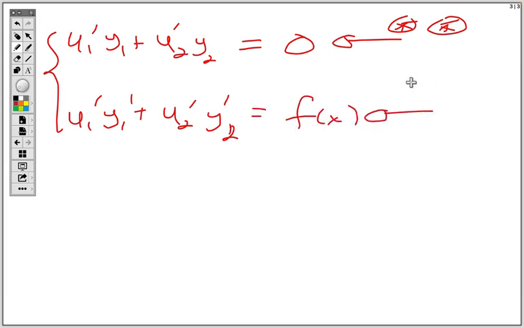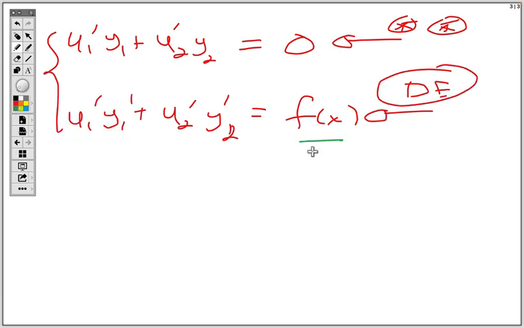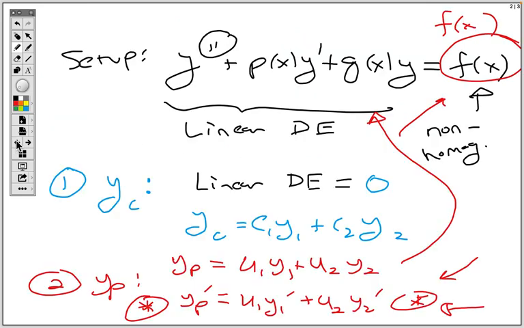This was a result of plugging it into the differential equation. And remember, we had to be very careful when assigning this f of x, because we had to make sure that we had a leading coefficient of 1. We'll review that in the particular problem we do today.